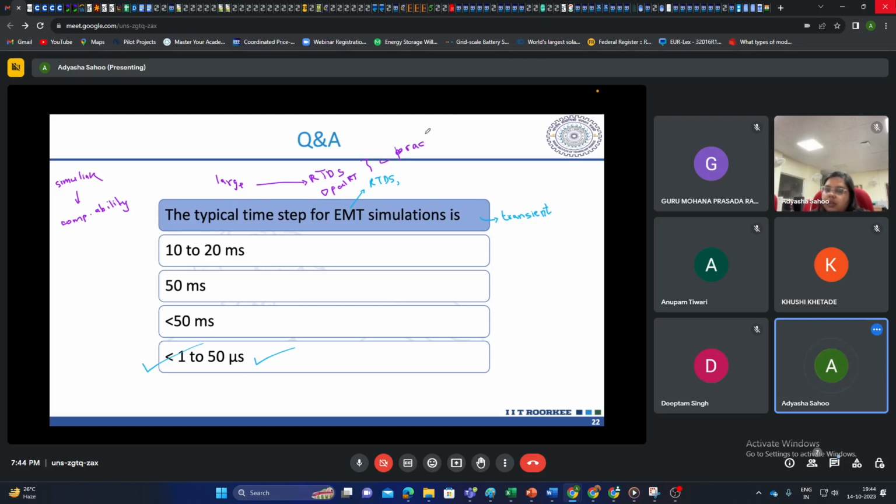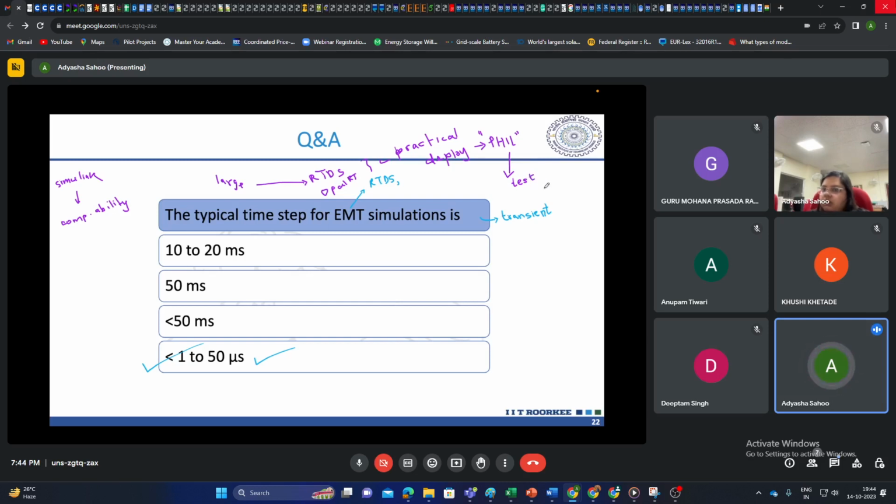So these are widely tested before the field deployment. So with PHIL simulations, before actually integrating it in the grid, various types of studies are conducted to test the device, to see how it is going to behave under various scenarios.